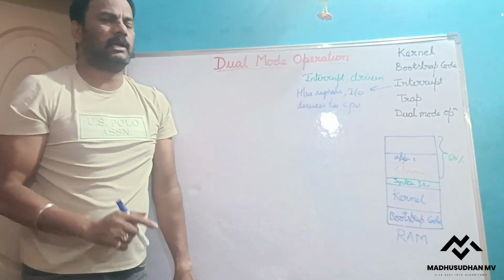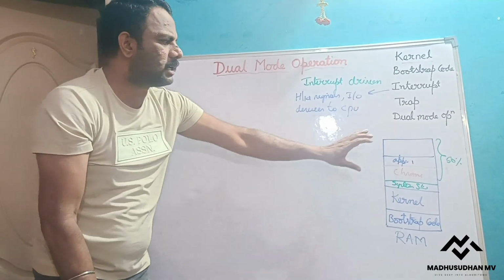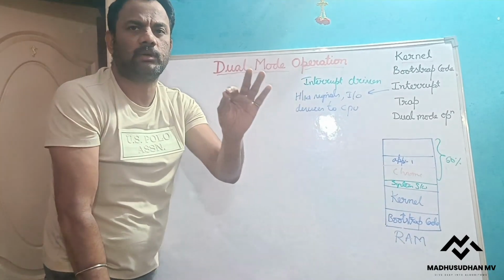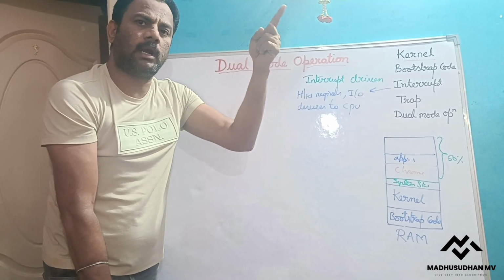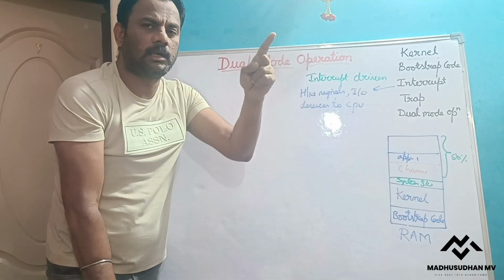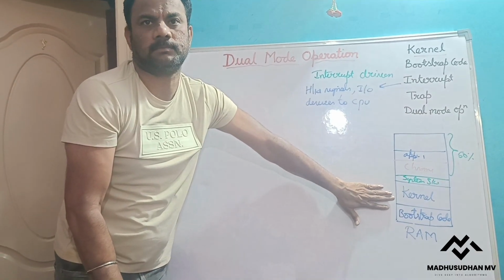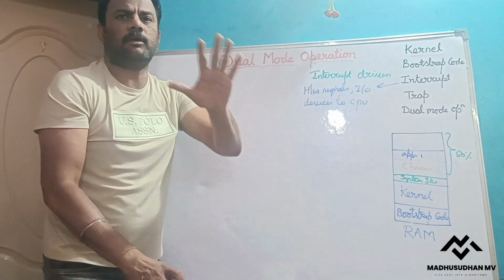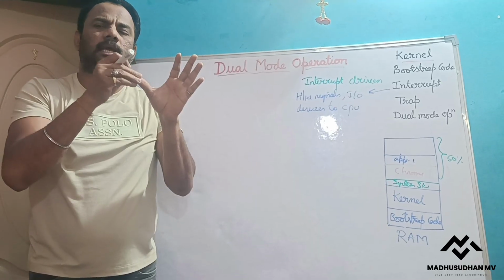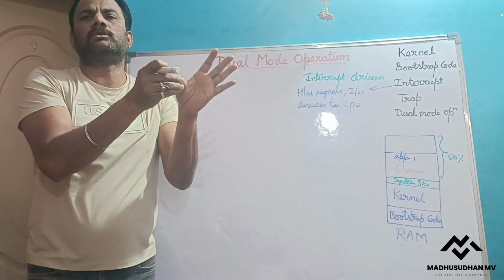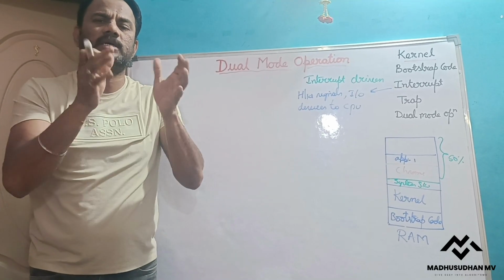Since we are doing multiprogramming, multiple user programs are executing at the same time, and any one user program should not damage other programs, especially the system programs. Suppose 5 user programs are running, and due to an error in any one of them, the operating system is harmed. Now, how do we identify which one did this?